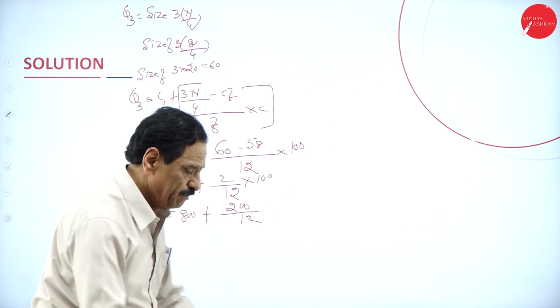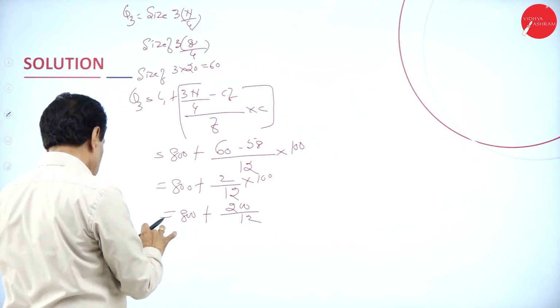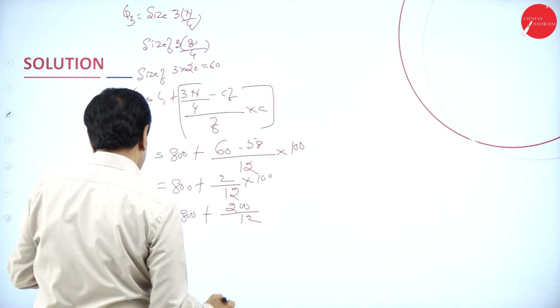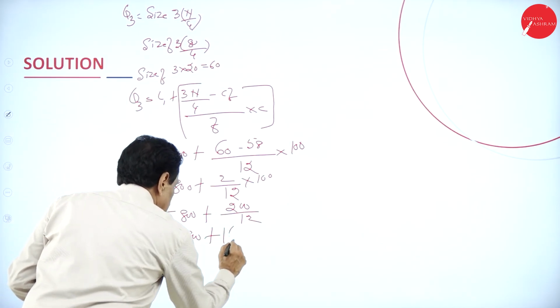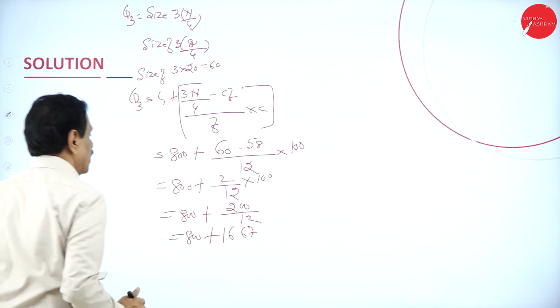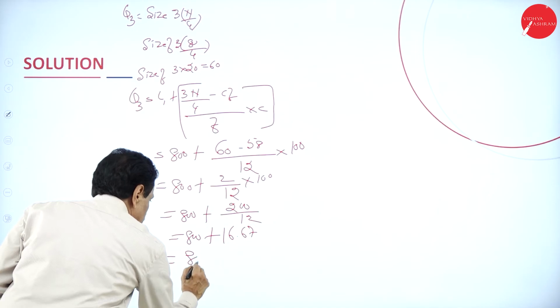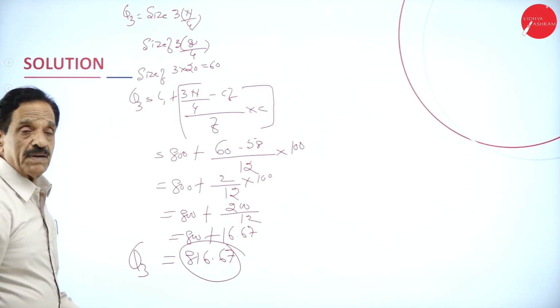Simplify this: 200 divided by 12 is 16.67. So Q3 is equal to 816.67.